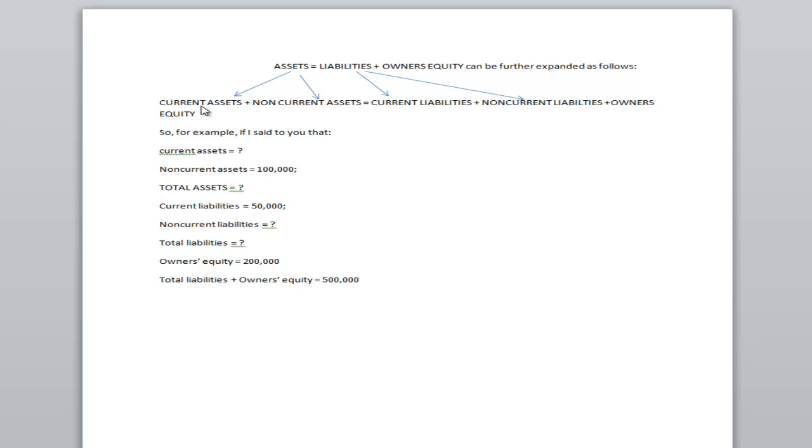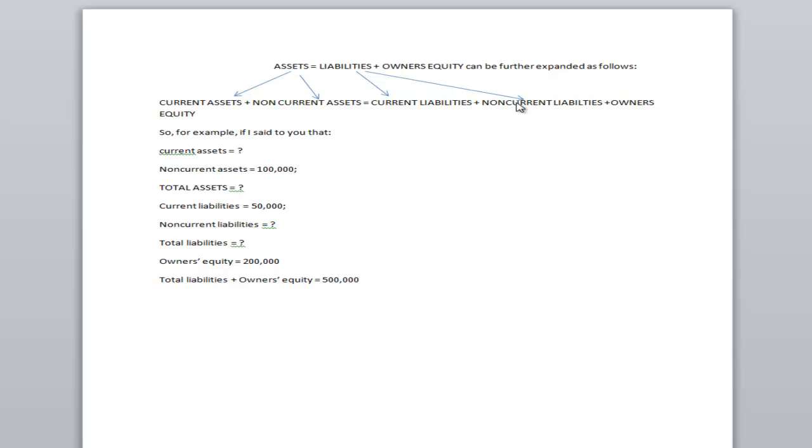Things like cash, accounts receivable, we're always buying and selling. Non-current assets would be things like land, building, things that we don't intend to dispose of in the near future. Current liabilities similarly, things like accounts payable, interest payable on loans, and non-current liabilities could be long-term debts, long-term bank loans.